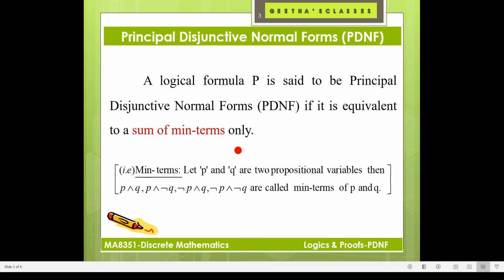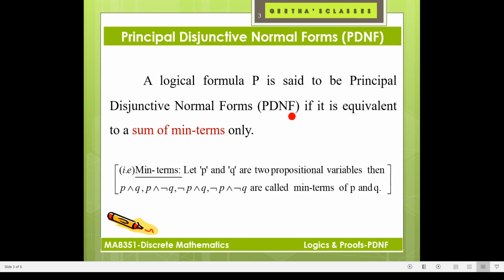Let P and Q be two propositional variables, then P and Q, P and not Q, not P and Q, not P and not Q are called min terms of P and Q. That is positive positive, positive negative, negative positive, negative negative. So we can express a logical formula as a sum of min terms, and that is PDNF.